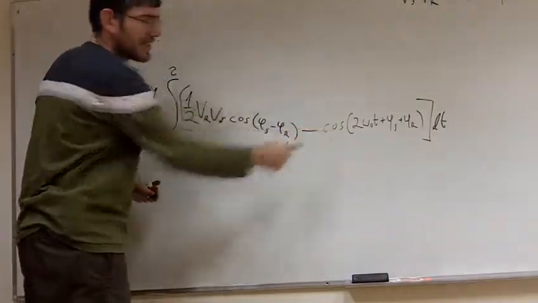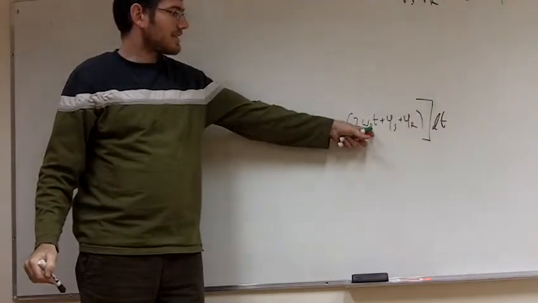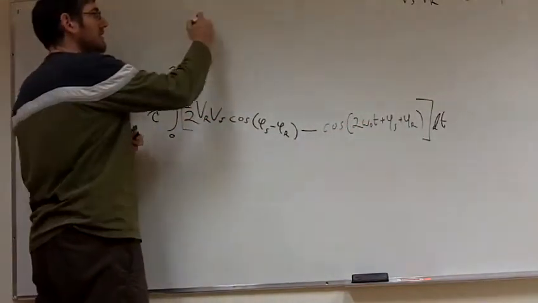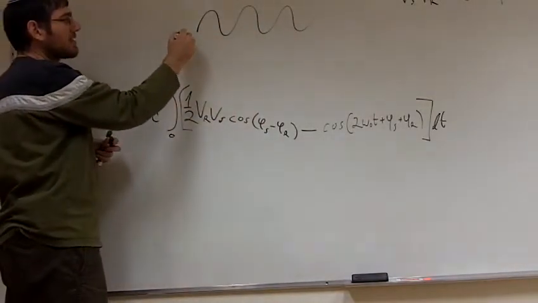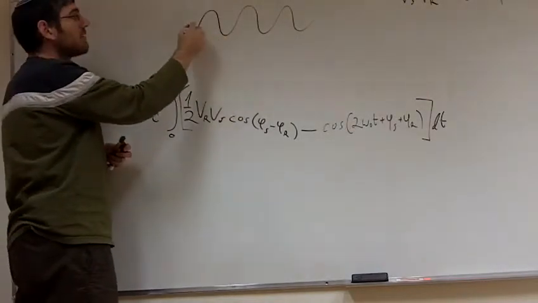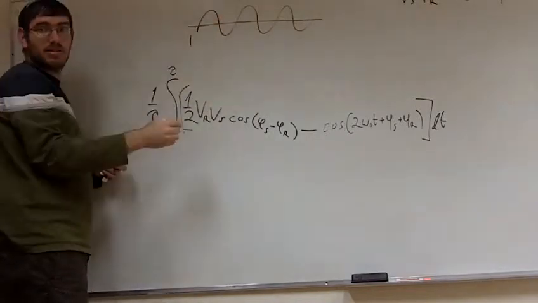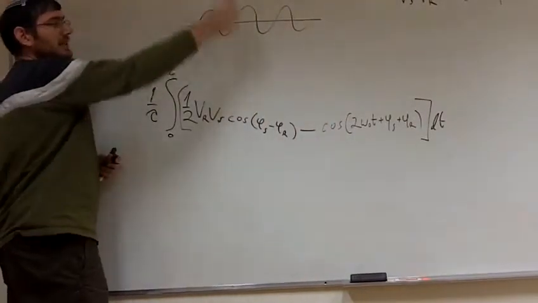Now, if we integrate a cosine function, which is a periodic cycle, over a time which is more than one cycle, then we will get 0, because on average it's 0. It's only cosine, going up and down.